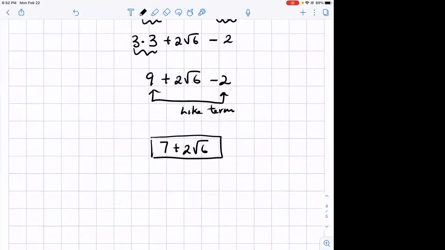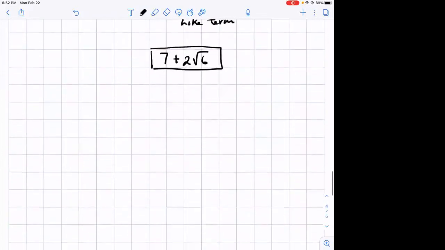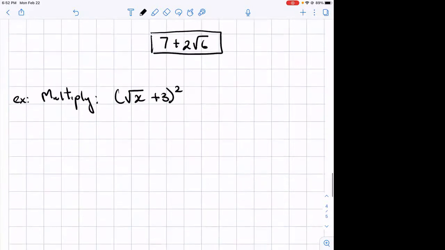So multiplication, once again I'll stress, follows the same principle as multiplying polynomials. And here's another example. If I say multiply root x plus 3 quantity squared, we can rewrite this, because we know the square means you have to write the parentheses twice.